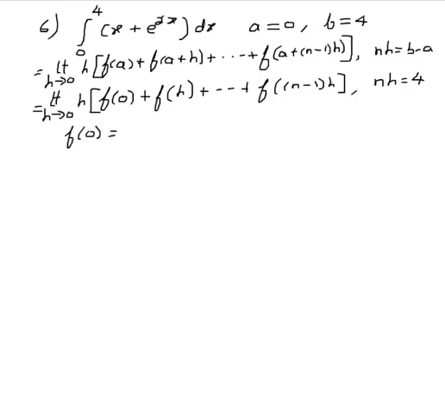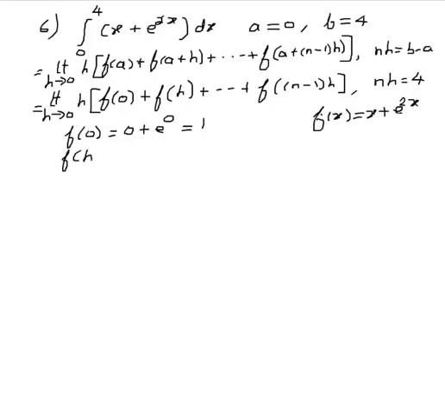The third step is we find these expressions. f of 0. f of x is x plus e power 2x. Therefore, f of 0 will be 0 plus e power 0. e power 0 is 1. It is not 0.